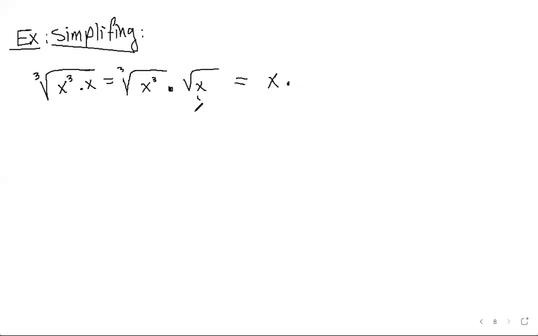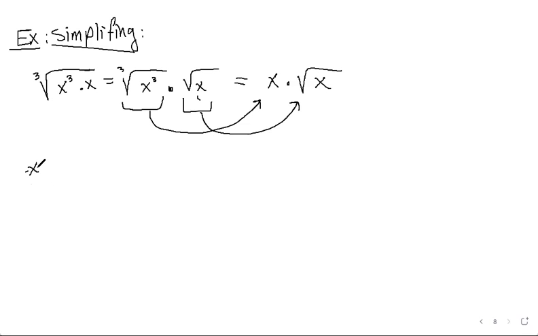Wait, I have a question. Multiply by x. Why didn't the 3 carry to the other x, like the cube on the whole equation?